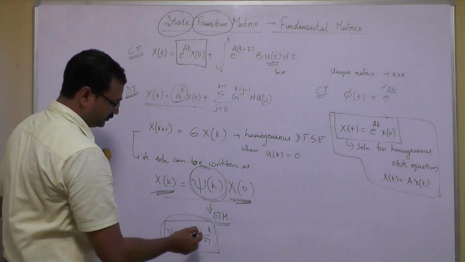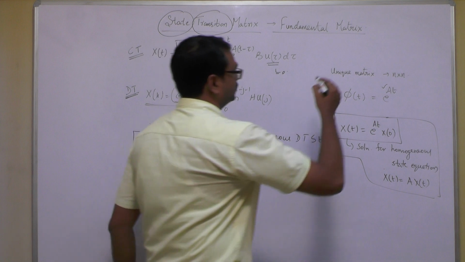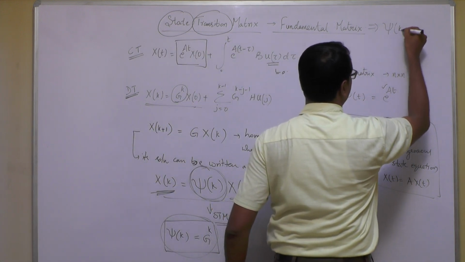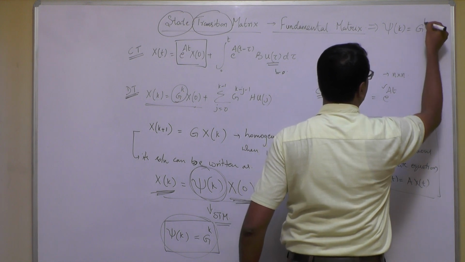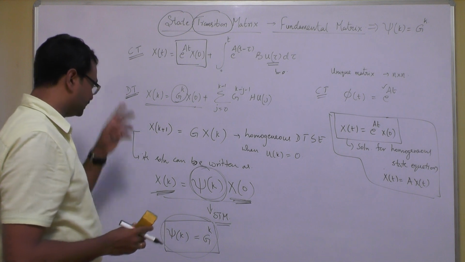That is the reason you call it a state transition matrix or a fundamental matrix. So psi of k is equal to g power k, which is our state transition matrix.